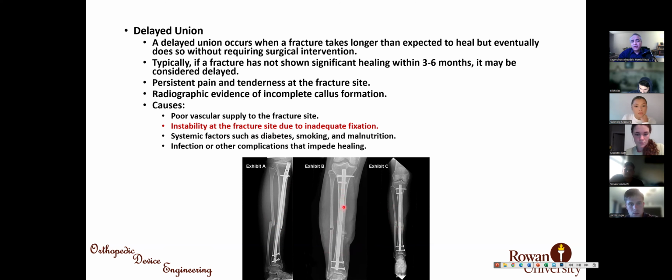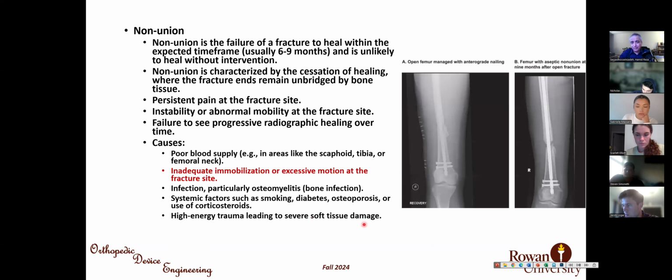Here the nail has been exchanged for a larger nail, and there was an osteotomy here, and everything is perfect at the end. And if we don't see any union by the end of 9 months, we call it non-union. We don't expect it to unite anymore. And the fracture site is painful. And usually, if there is no fixation, there is movement between the two sides.